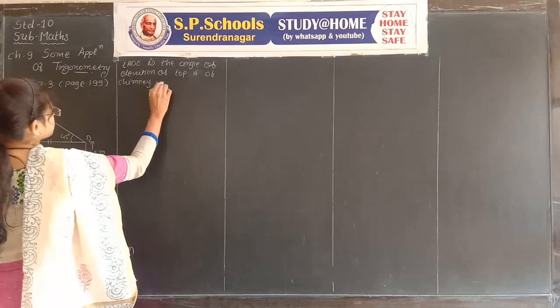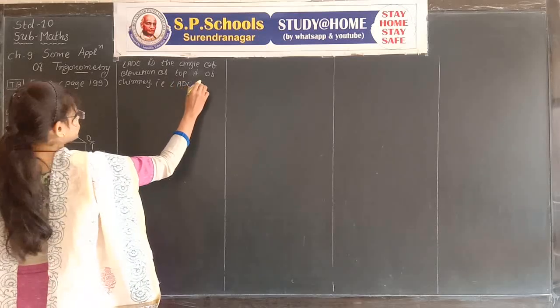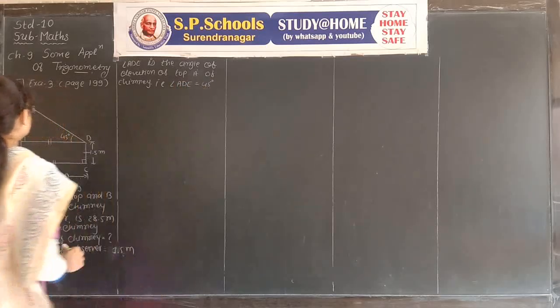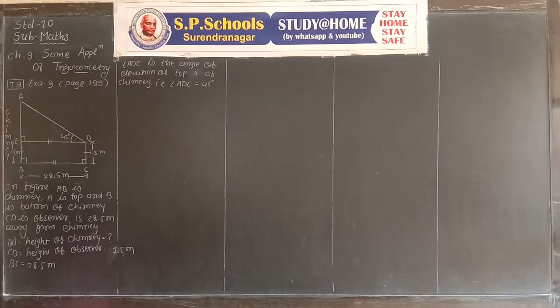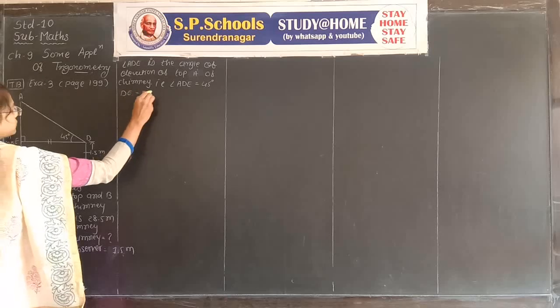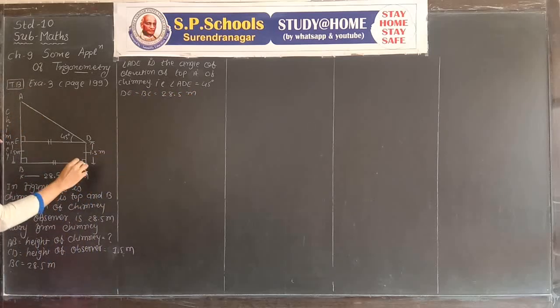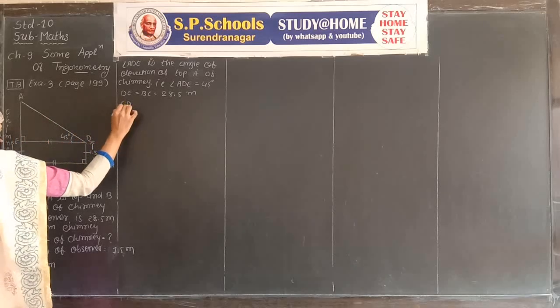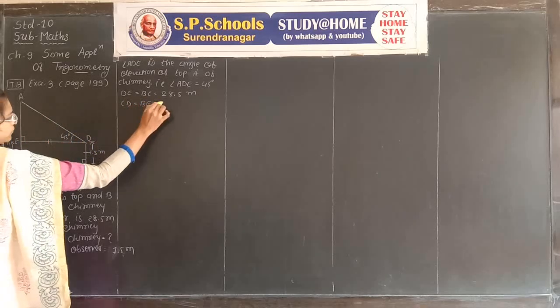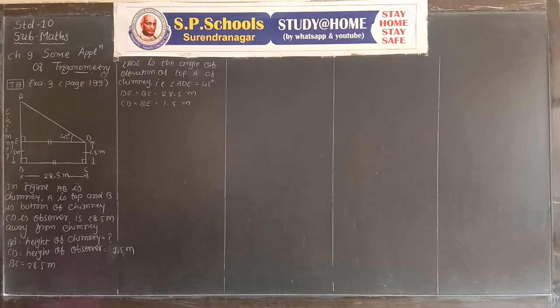That is angle ADE is equal to 45 degree. DE is equal to BC, 28.5 meter. CD is equal to BE, 1.5 meter. Now use right triangle ADE.